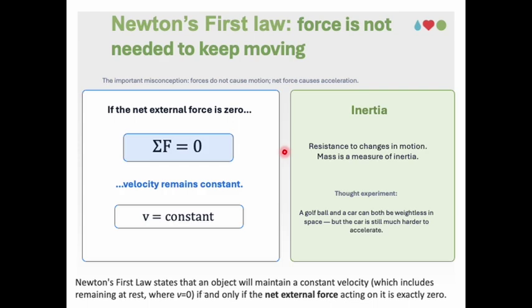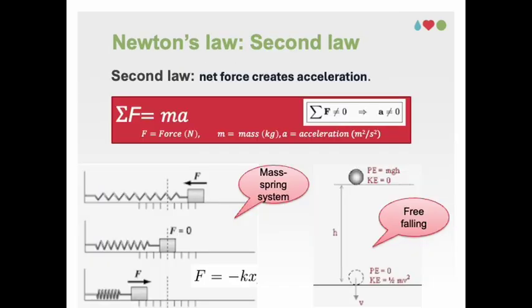This is the heart of Newton's first law. In this case, since there is no net force acting on the moving puck, there is no change in velocity. In short, Newton's first law states that an object will maintain a constant velocity if and only if the net external force acting on it is exactly zero.